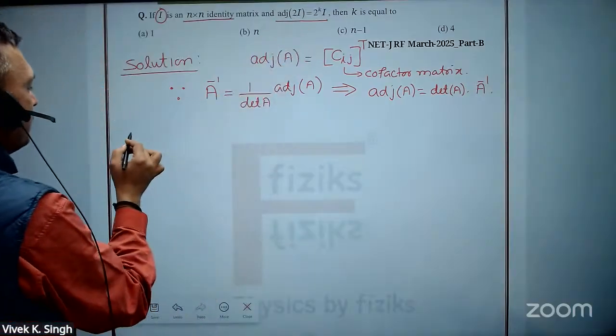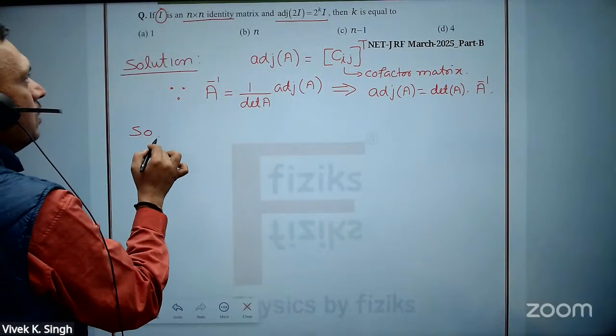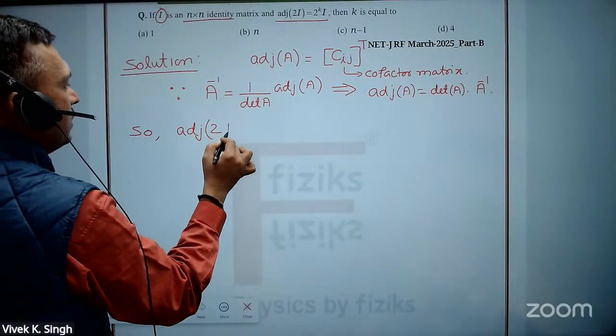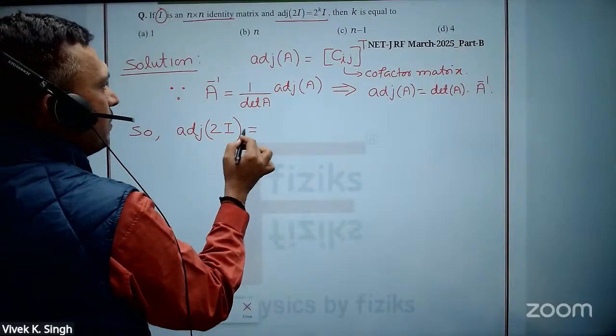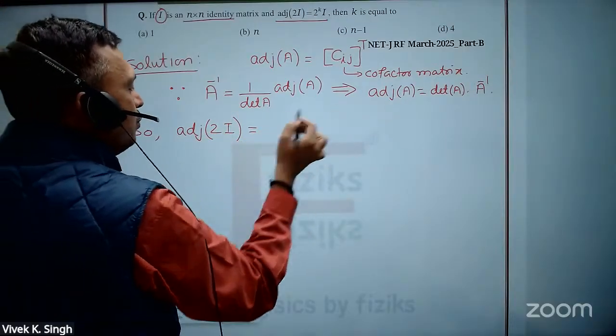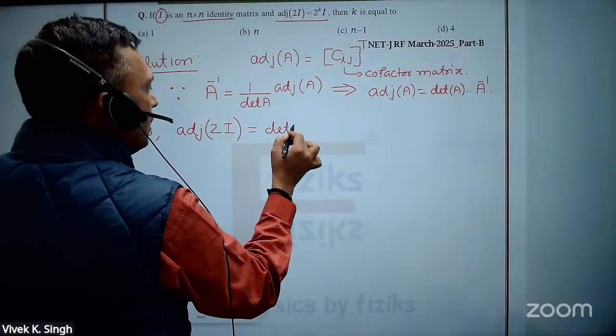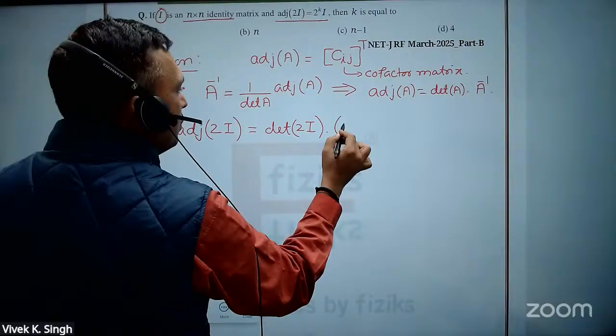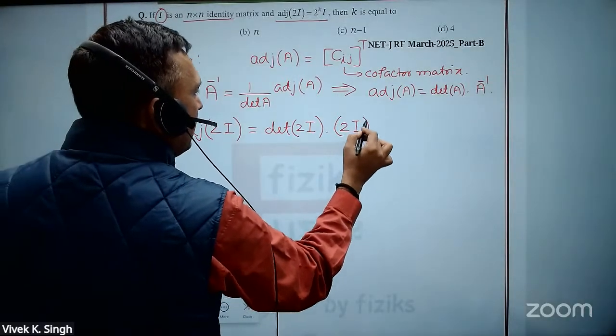But here, this is adjugate of 2I. So this will be given by what? Use this result: determinant of 2 identity matrix into twice of I inverse.